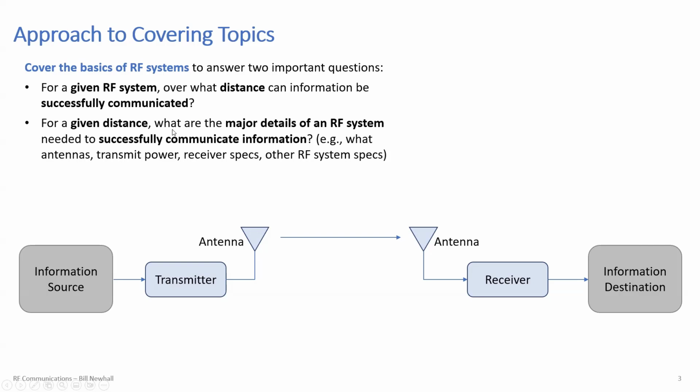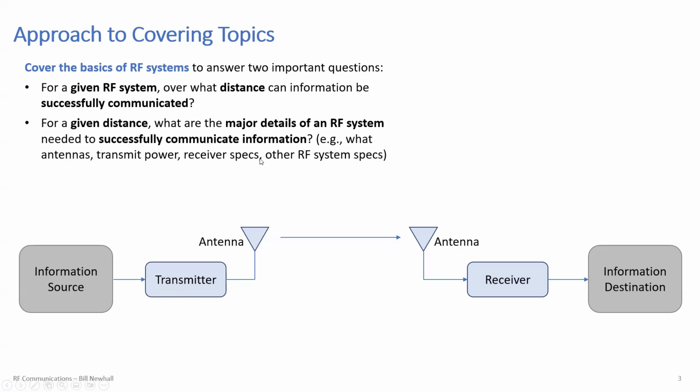But for a given distance, what are the major details, traits, characteristics of an RF system needed to successfully communicate the information? For example, what antennas do you need? What kind of antennas? What kind of specifications for the antennas? What transmit power do you need to radiate? What are the receiver specs?